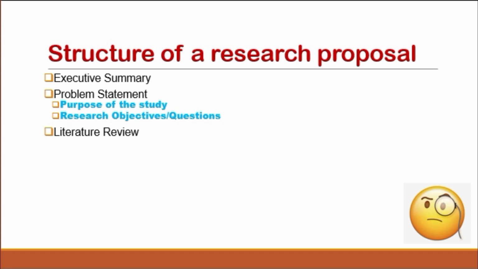We will discuss this in upcoming lectures: how to carry out a literature review, what is its significance, the sources from which we can get the literature, and what writing style we should adopt when we are doing a literature review.